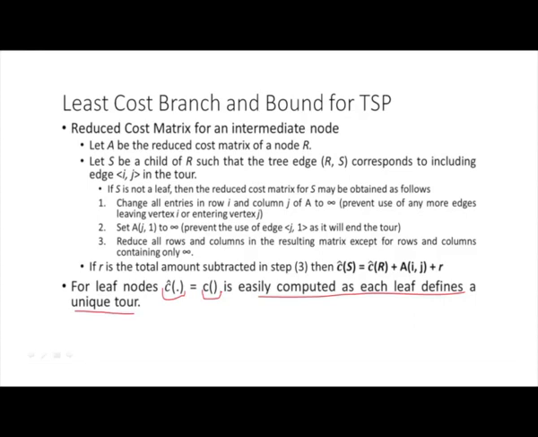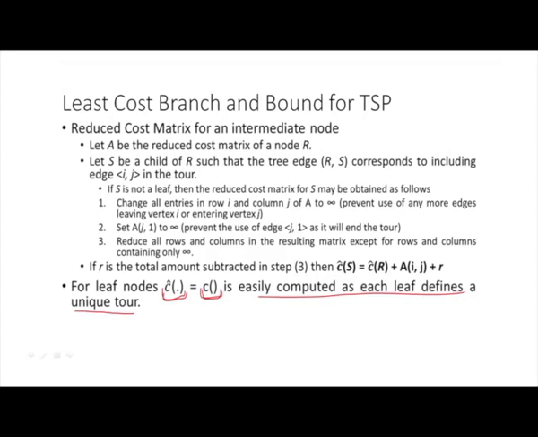So for leaf nodes, the C cap value will be equal to the actual cost, and each leaf will obviously represent a unique tour, and we'll select that particular leaf which has the least cost associated with it.